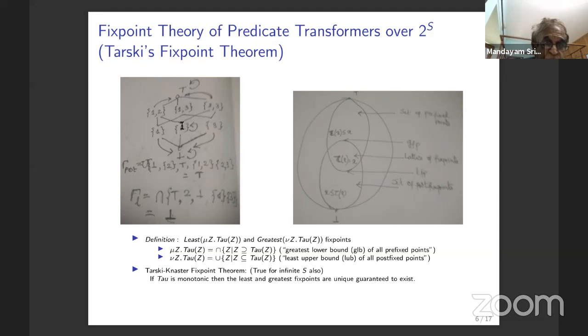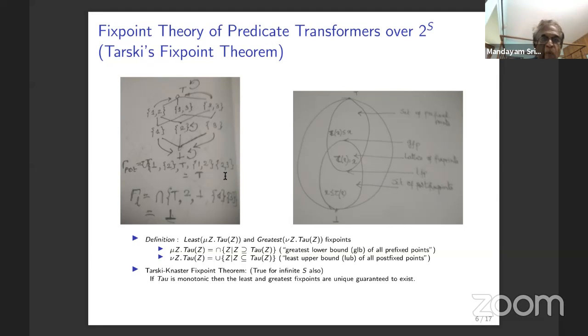There are three fixed points here: bottom, the set 2, and top. They are the three fixed points that appear in this intersection. When you take the union of all these prefix points, you get the greatest fixed point, and that's how it is formally defined.